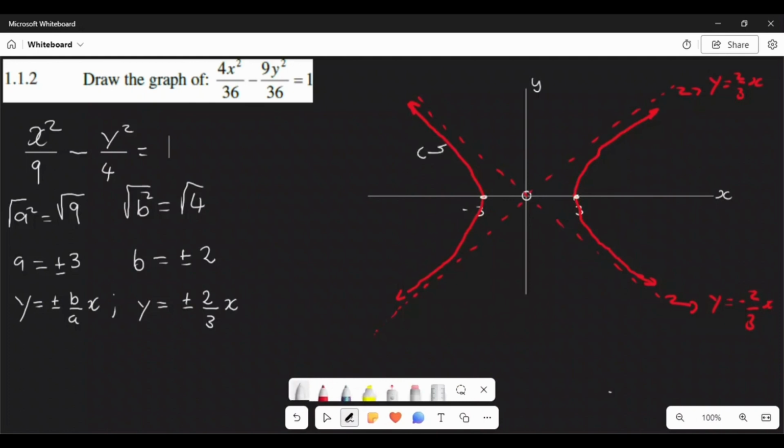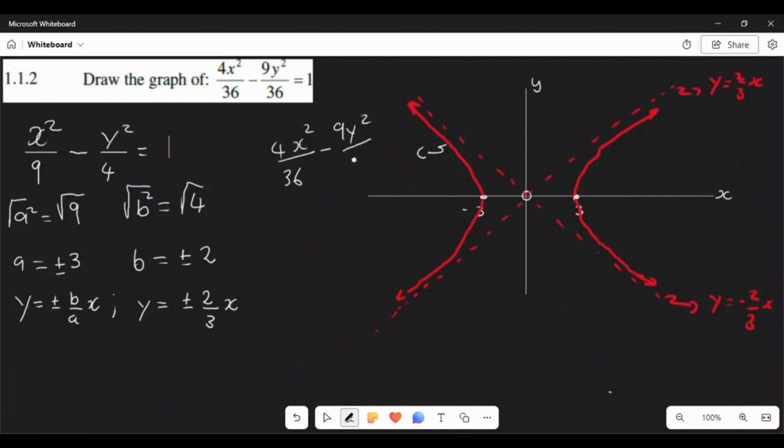Look at this graph. This is the central hyperbola that is given to us. It looks like this for this central hyperbola. I hope, guys, this makes sense. If you don't understand, you can always watch this video over and over again.